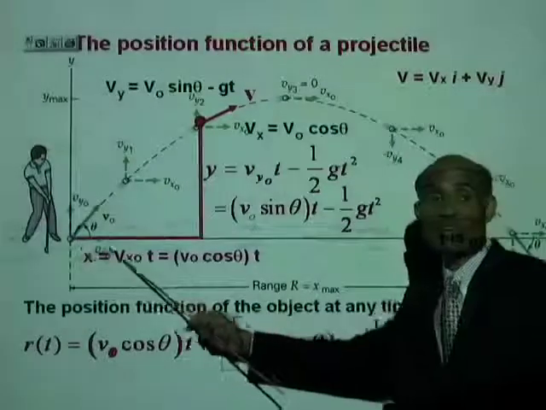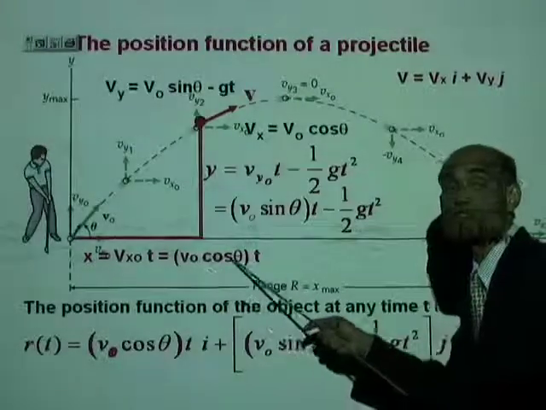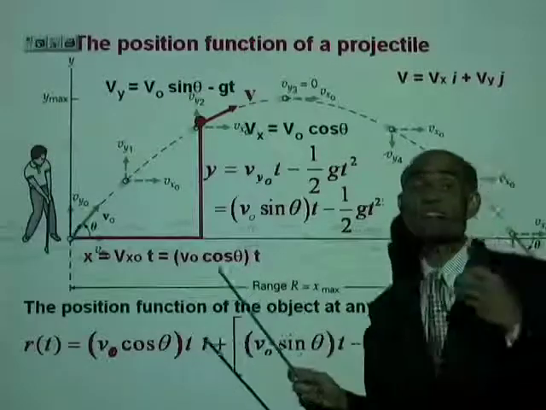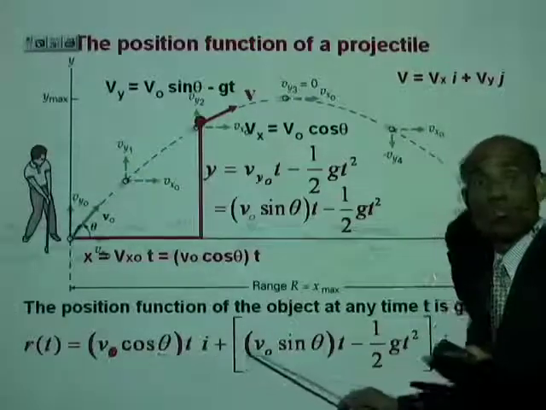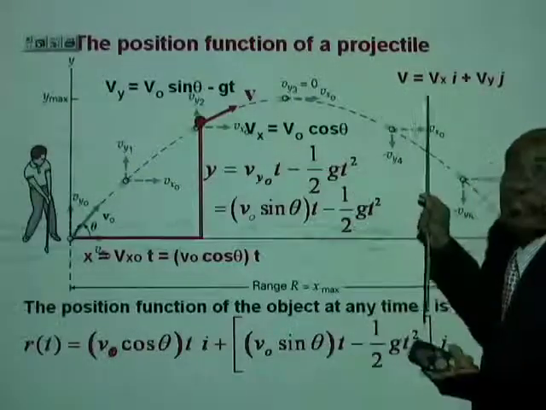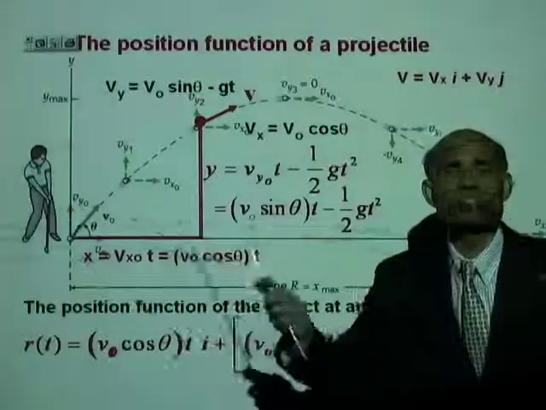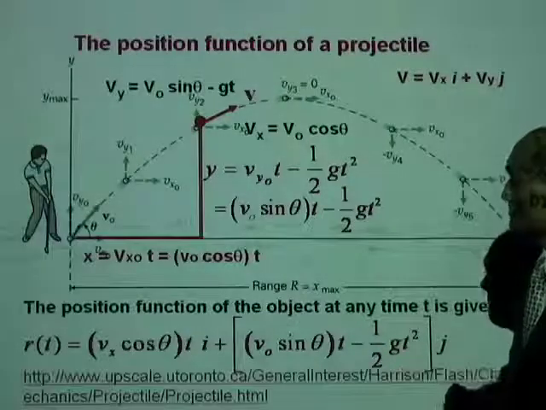It has covered this horizontal distance given by V0 cos theta multiplied by t. This t is now the time of flight. Okay, so once you know this equation and this equation, you can solve any projectile problem. All right, let's move on.